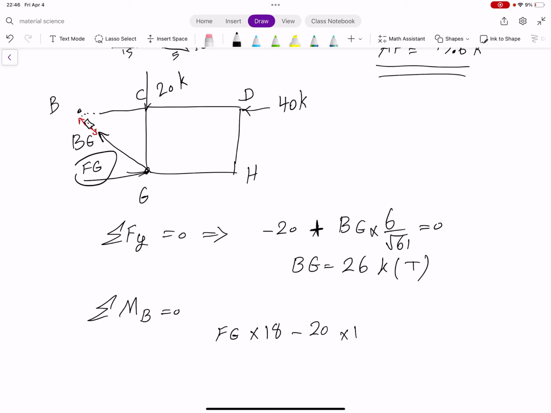That is 15. Equals 0. My FG is 16.7. And it's going to the point, this point, so it's going to be a compression force. So these are all the forces we needed.